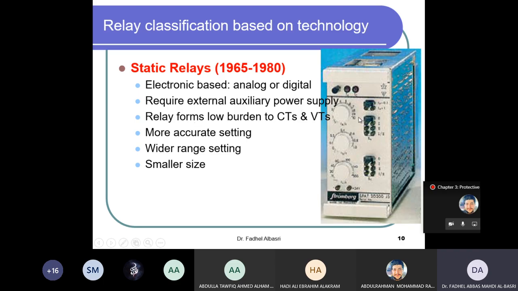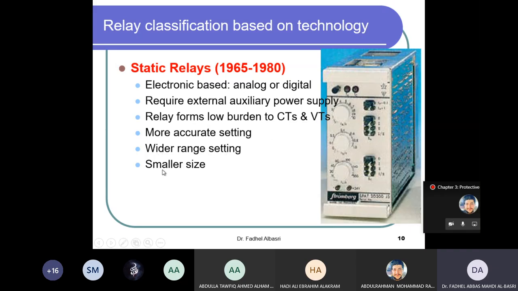The advantage of this relay is that it forms a very low burden as compared to the electromechanical. This is one main advantage. More accurate settings as compared to electromechanical, a wider range of settings. You now have a knob, like a potentiometer, where you can change the pickup setting or the time settings of this relay, as compared to discrete values of settings.